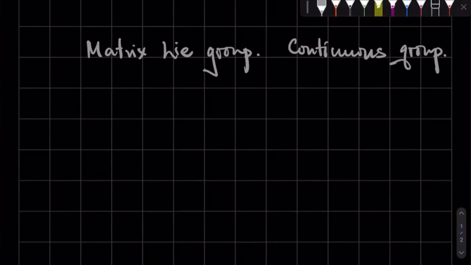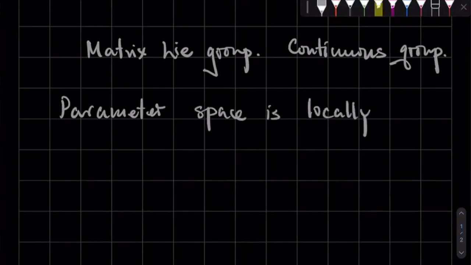If there are continuous parameters, they take value in some space, some manifold. A manifold is something which locally looks like Rn. So the parameter space is locally Rn.